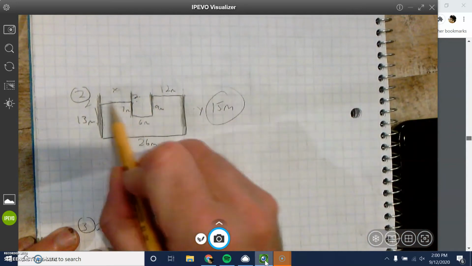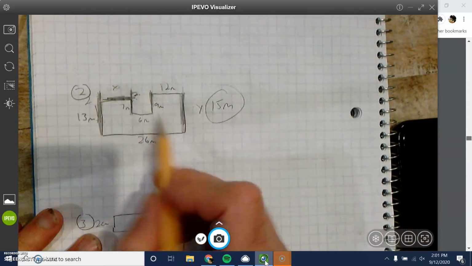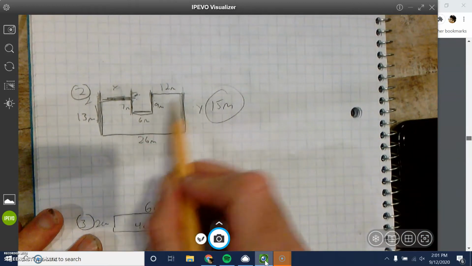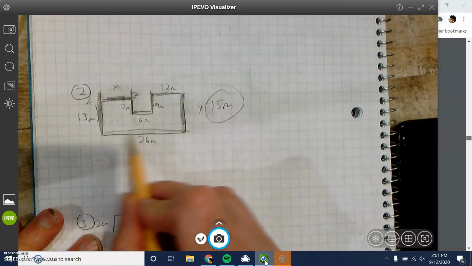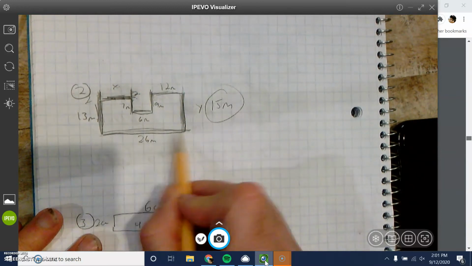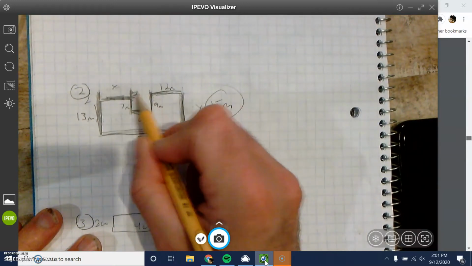Next, we got to get X right here. So now look at all the parallel parts. This is 6, this is 12, and this is 26. Okay, so 26 looks like the whole part. So 12 and 6, that's 18 so far, because 12 plus 6 is 18.